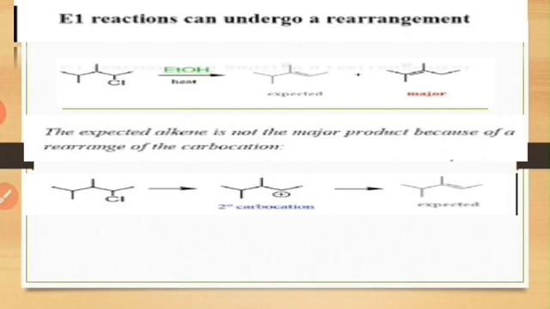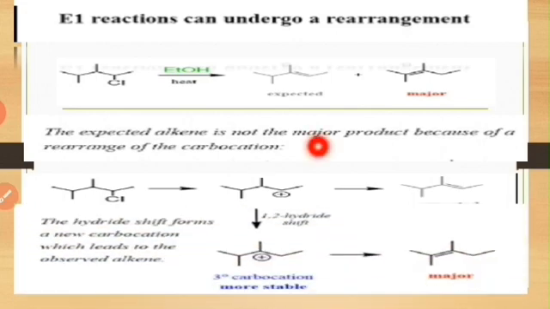This means that the carbocation which is initially formed rearranges itself to form a more stable carbocation, if the structure of the alkyl halide permits. The carbocation formed then loses the proton and forms the rearranged alkene.